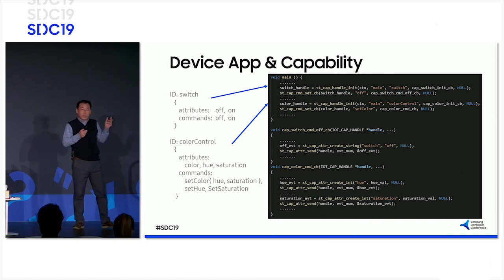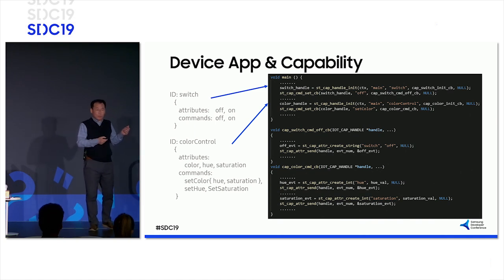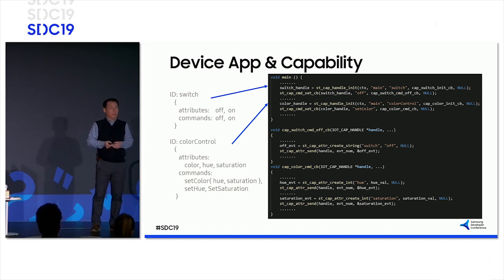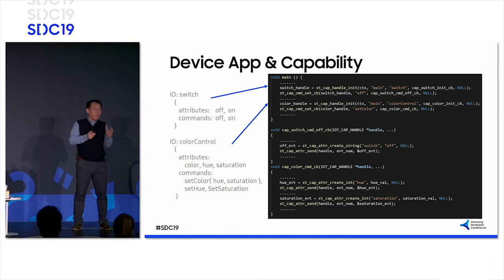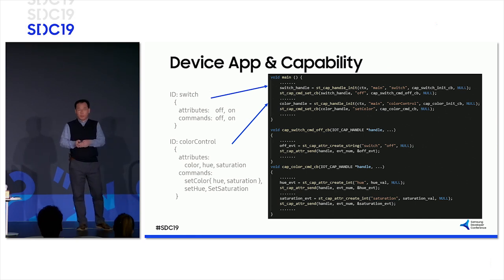Let's see how capability management APIs are used in device app code. First, we make capability handlers that will process the commands of capability when a device receives commands from the cloud. And also some APIs to send the attribute of capability are used to update device state information.